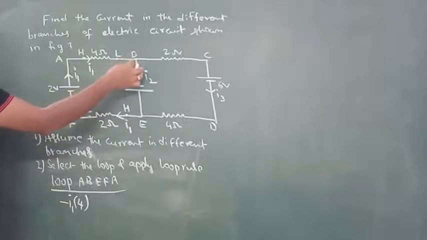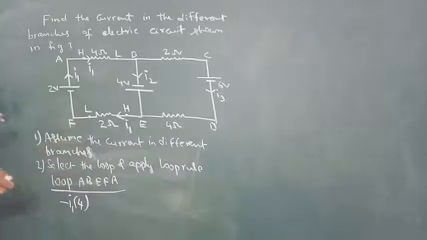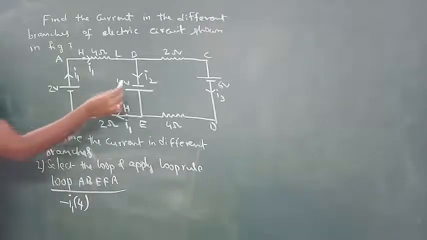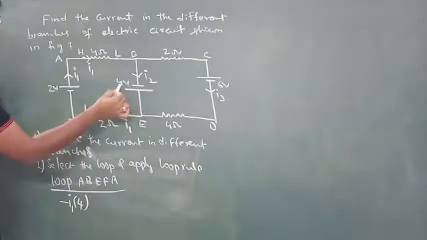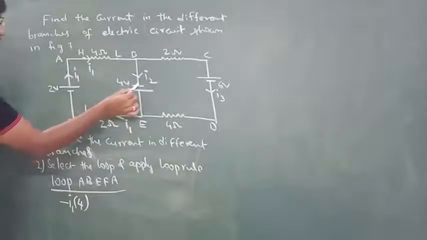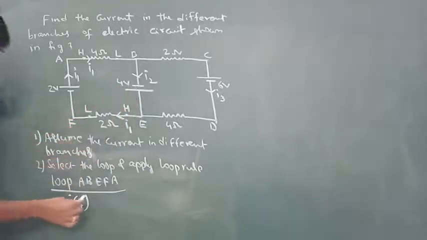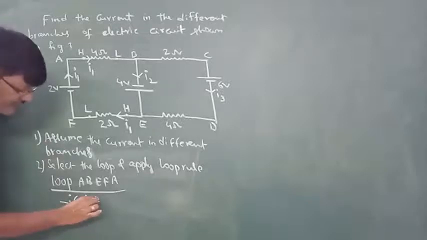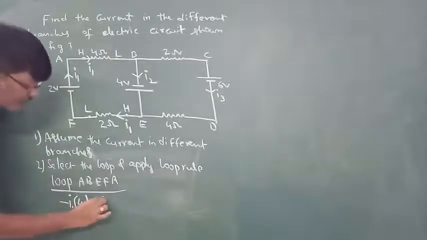Next, person goes from B to E and he comes across a cell of EMF 4 volt and he moves from lower potential to higher potential. So he finds potential rise. So plus 4 volt.